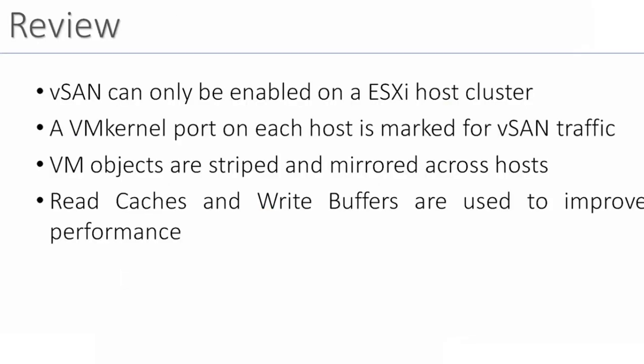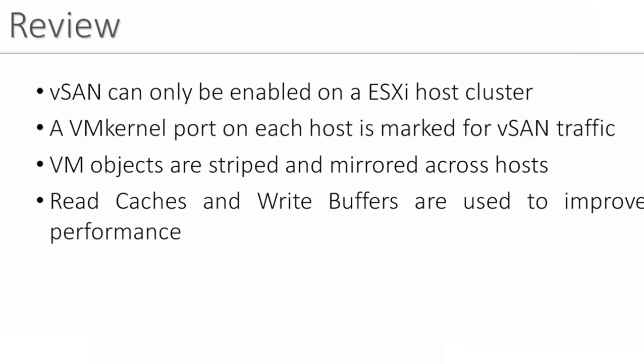So in review, vSAN can only be enabled on an ESXi host cluster. First we enable the cluster in our environment, and then we can enable vSAN. A VM kernel port on each host is marked for vSAN traffic. We have created a port on each physical server and labeled it for vSAN traffic only.